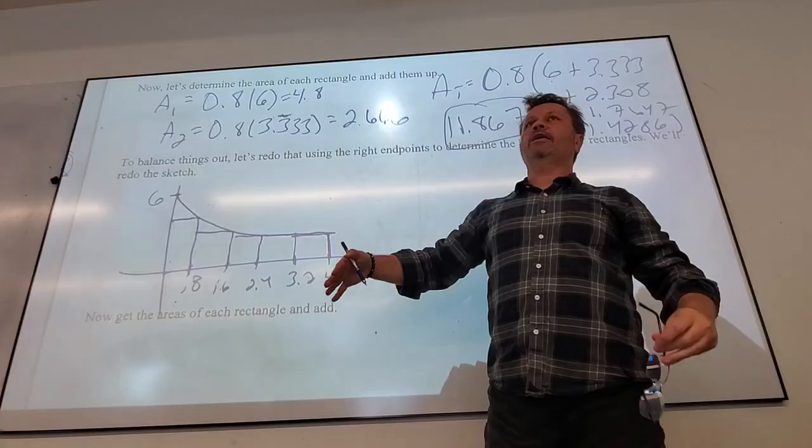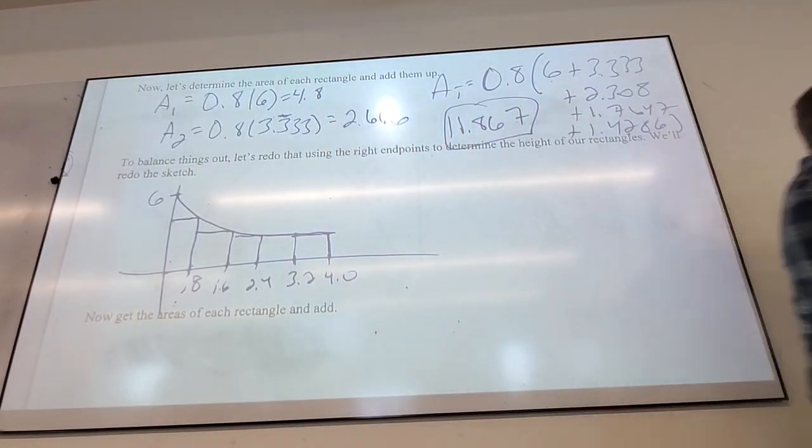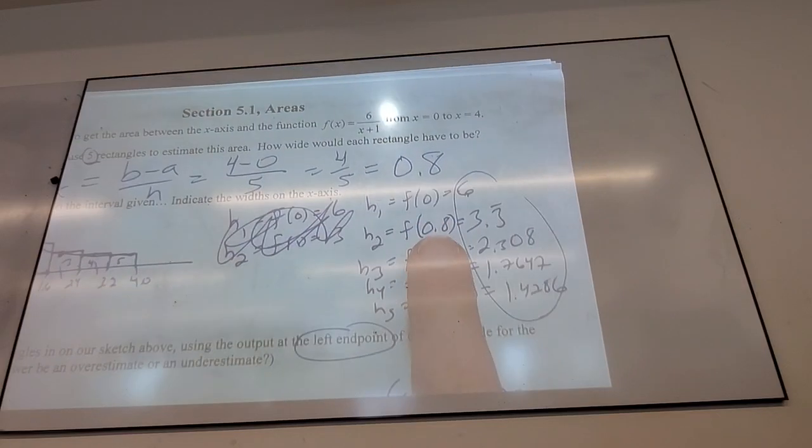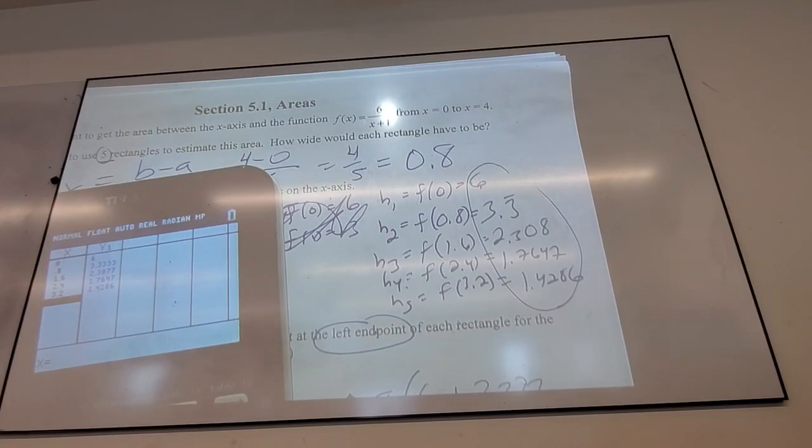Now, if you don't see what I'm saying, you can do everything we did earlier all over again. But I've already calculated f of 0.8, f of 1.8, right? We already have those, yes? If I just get f of 4, bam!